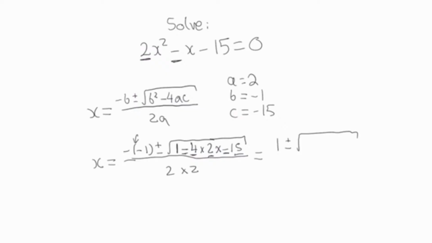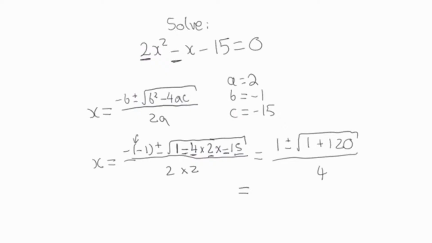So what have I put in wrong? I've forgotten something, I think. B squared minus 4AC. So we have 1, oh yeah, sorry, we have 1 plus 120, and then that is all over 4. Yeah, my brain just stopped working for a second.